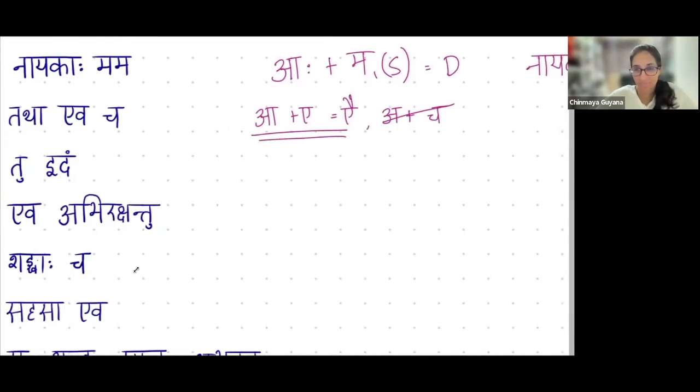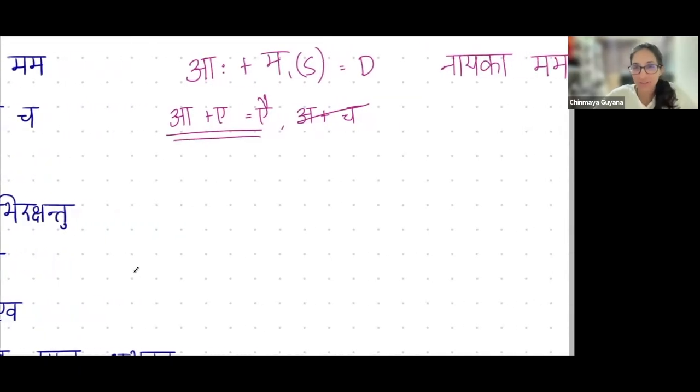I'm so interested to see what people wrote. I saw some. You have to know when sandhi rules apply and when they don't. They apply when there's visarga meeting a word. They apply when there's vowel meeting a vowel. They apply when there's consonant meeting consonant. They don't apply when there's vowel meeting consonant.